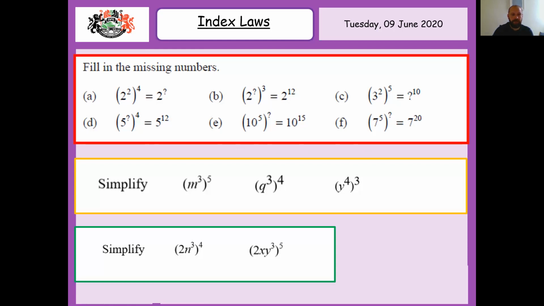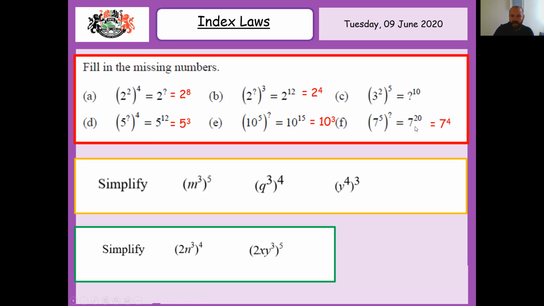Okay, here come our answers. So here, multiply the powers. Here, we had to work out what we've multiplied 4 by to get to 12. Here, we've had to work out what we've multiplied 5 by to get to 15. Here, we've had to work out what we've multiplied 3 by to get to 12.